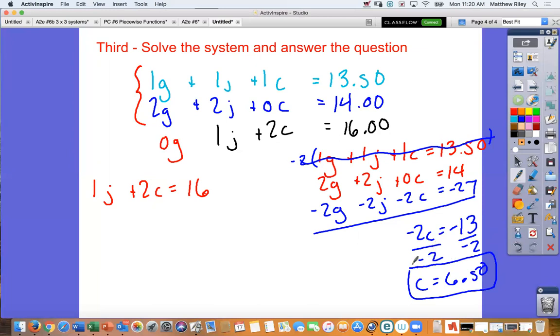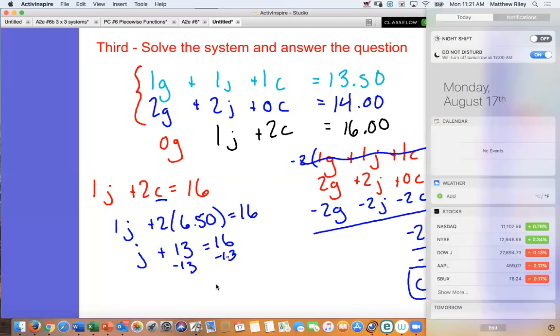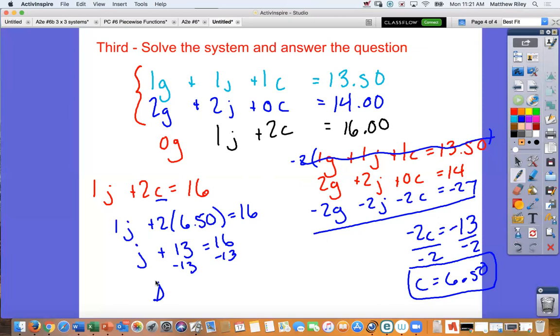In this example, I can plug that in right here. 2 times 6.50 is 13, and I get that J, 1 pound of jelly beans, is $3.